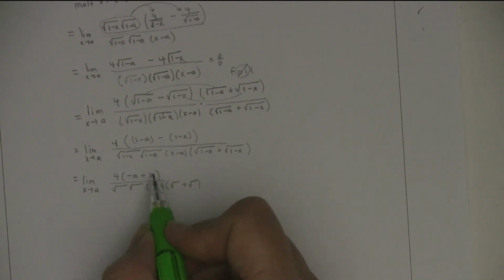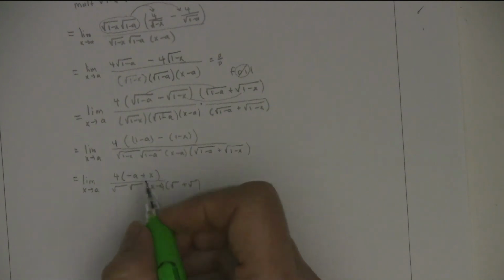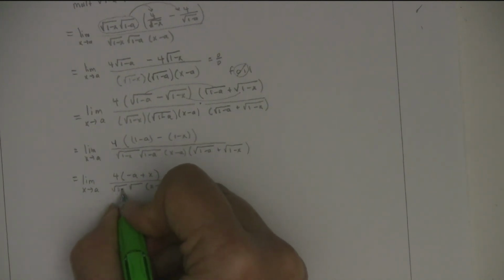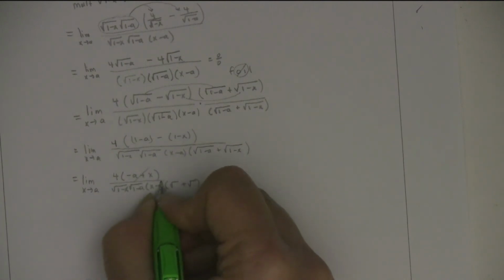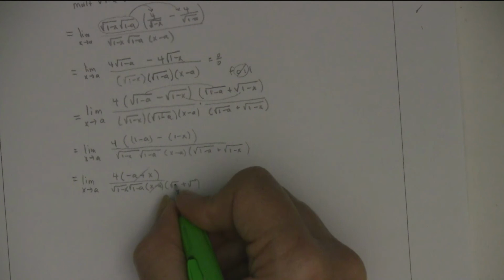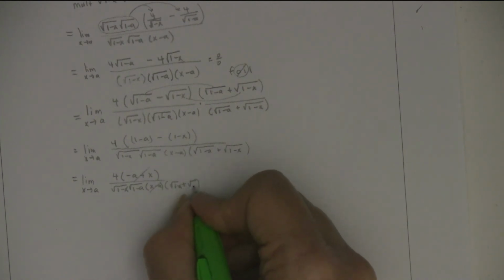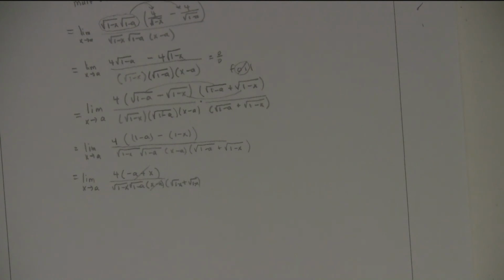So I could write this as x minus a, and then it would cancel directly with this. So now I am ready to find my limit by doing substitution, because when I substitute, it won't be 0 over 0.